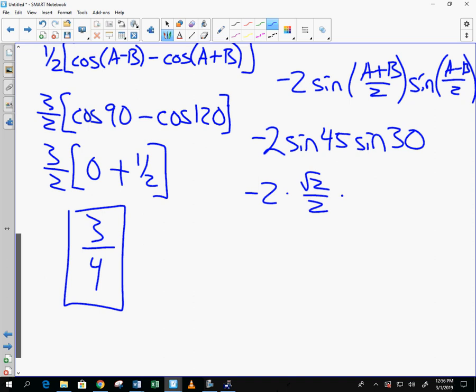Yeah. Sine of 30? 2 times 1/2 goes away. You're at 2 over 2.